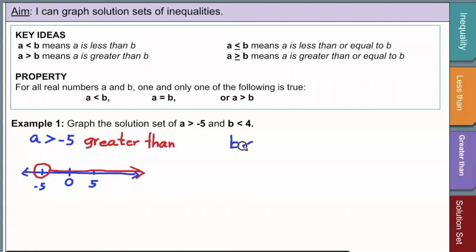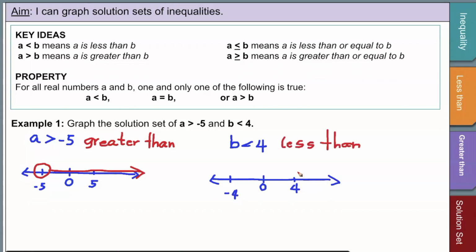In the same way, let's draw a number line. Any point less than the coordinate 4 is a solution to the inequality b less than 4. Also notice that we're going to use an open circle to draw the arrow because 4 is not part of the solution set.